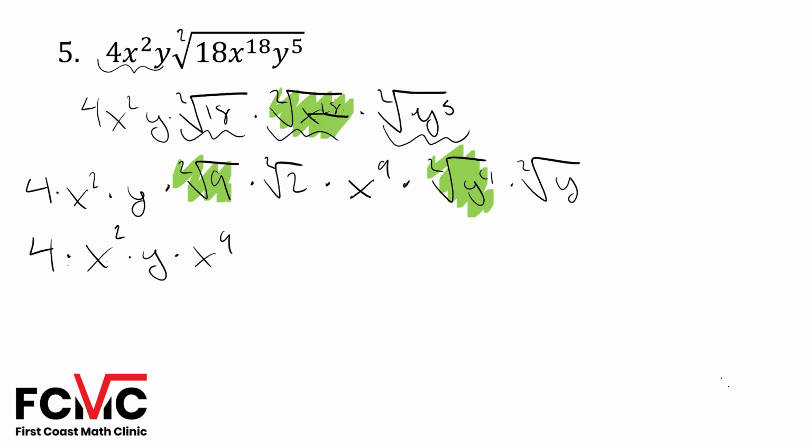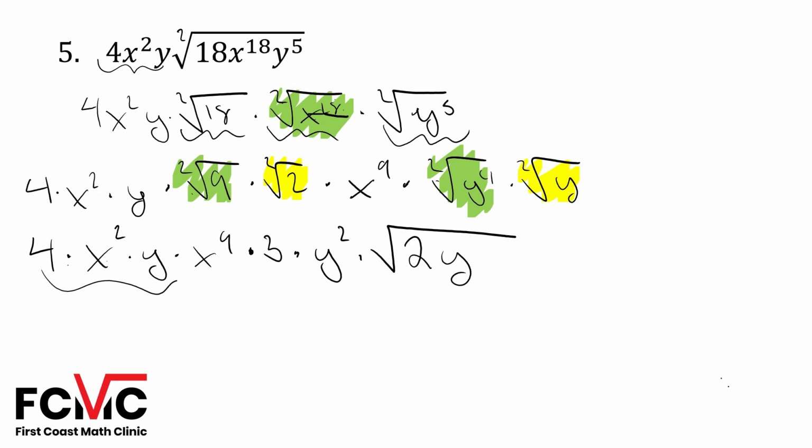So 4 times x to the 2nd times y times x to the 9th times the square root of 9 is going to give me 3 times the square root of y to the 4th is going to give me y to the 2nd. Now my values that are going to stay under the radical are going to be the square root of 2. I can't take the square root of that. And the square root of y. I can't take the square root of that. So it's going to be 2y under the radical.